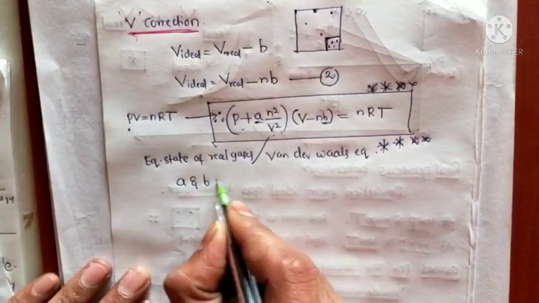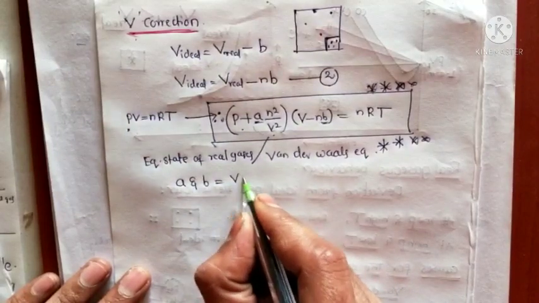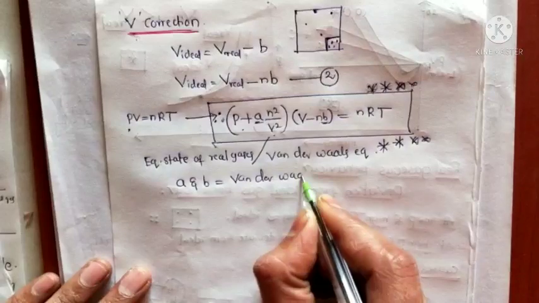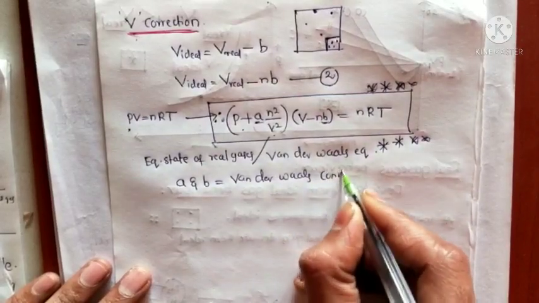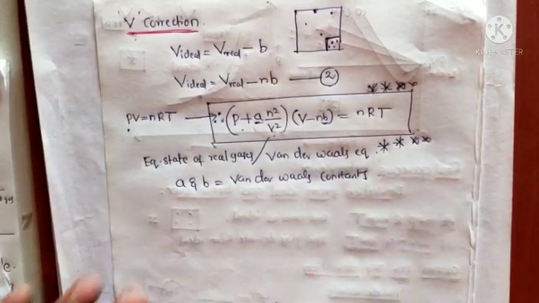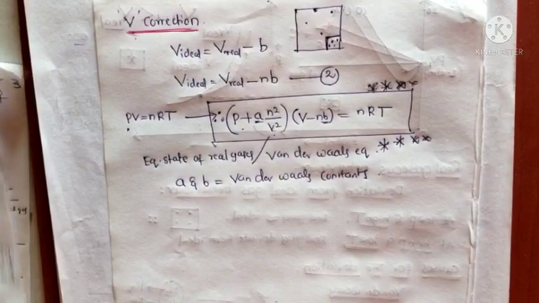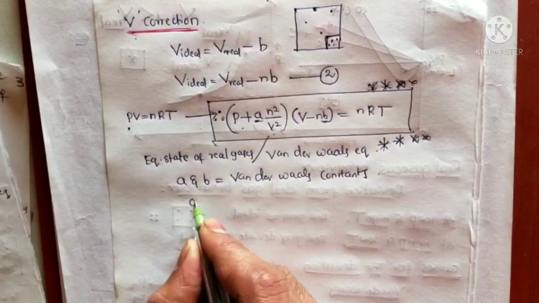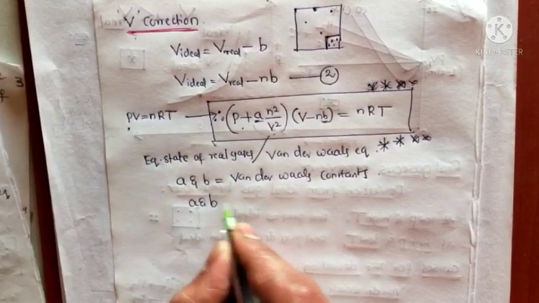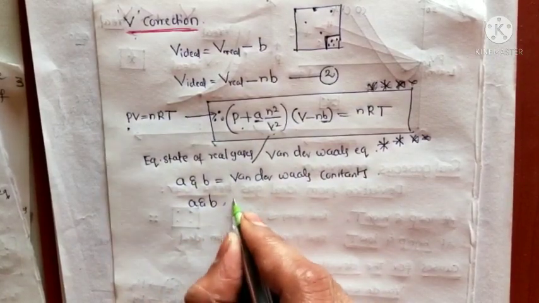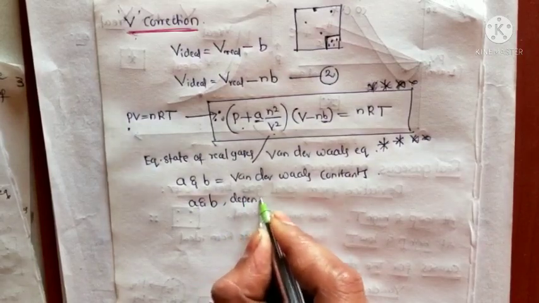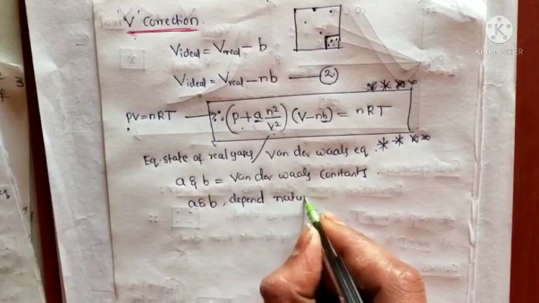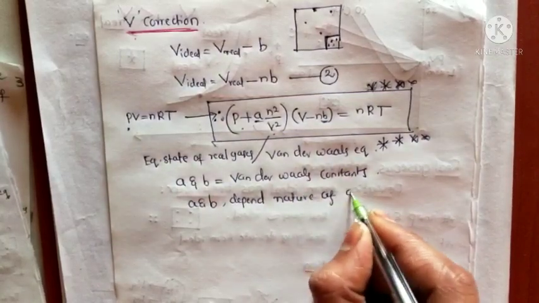The a and b values depend upon the nature of the gas.